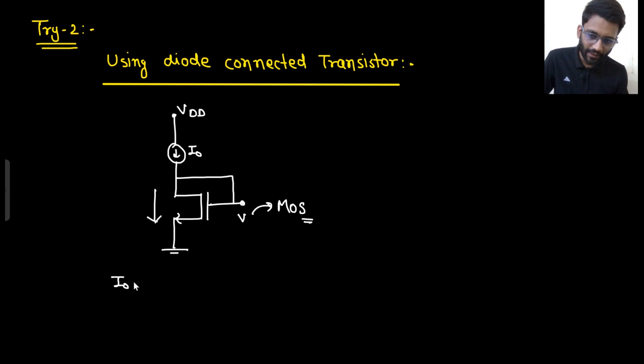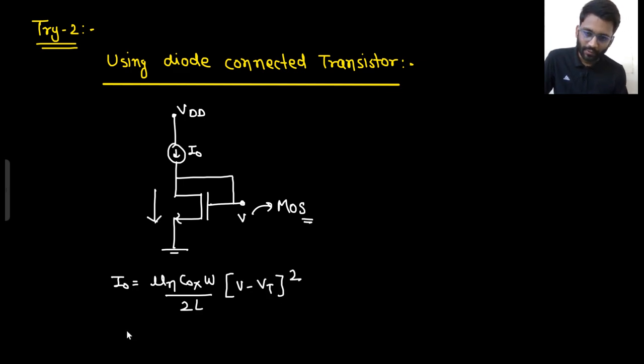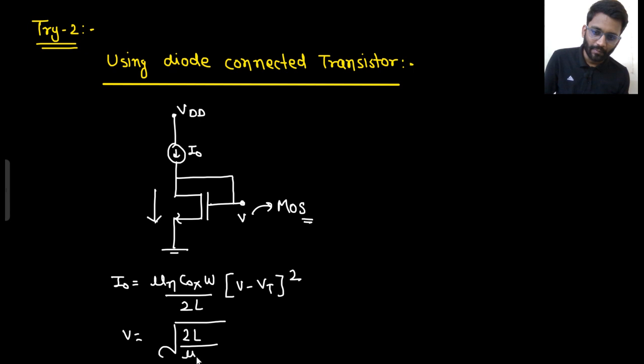So what is I naught? I naught is equal to mu n Cox W by 2L, into VGS squared, where VGS is V minus VT. So V is the square root of 2 I naught L by mu n Cox W, plus Vt.